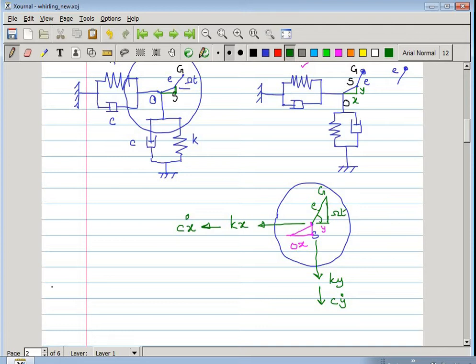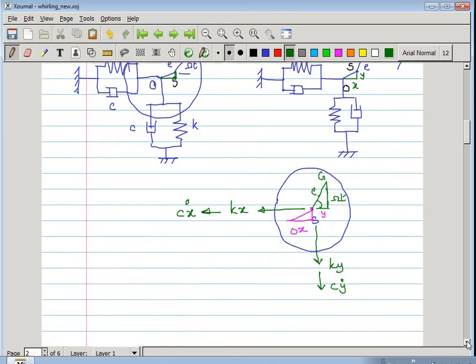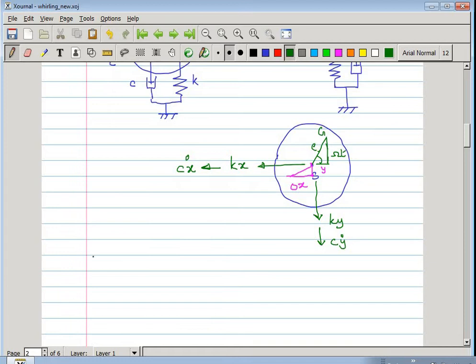Now if you write down the equations of dynamic equilibrium, Newton's law, then minus Kx minus Cx dot is the force in this direction. This is mass into acceleration, and the acceleration is d2/dt2 of x plus e cos omega t, because that is the location of the center of mass.